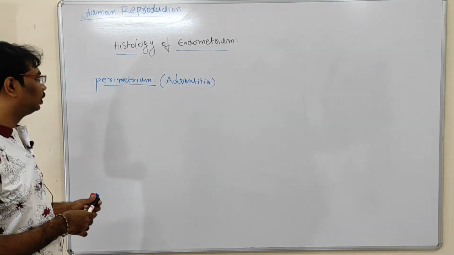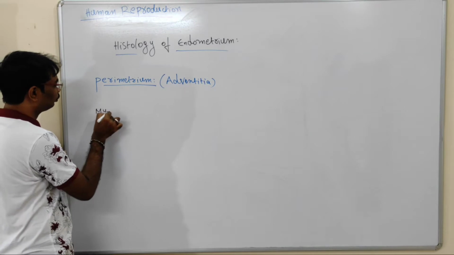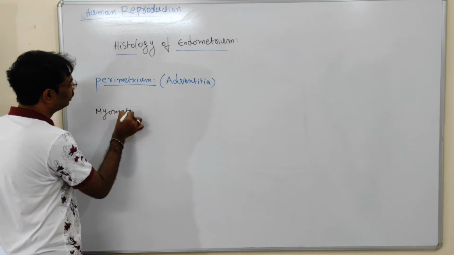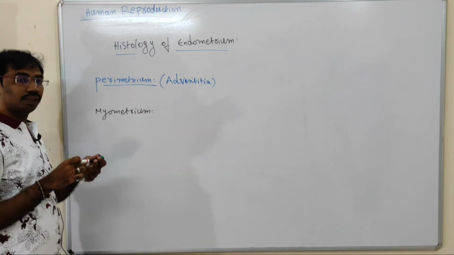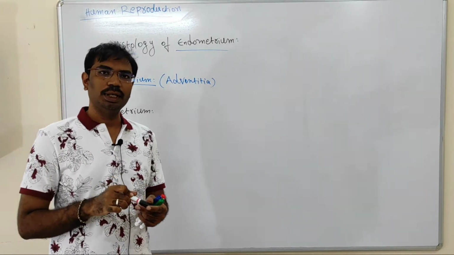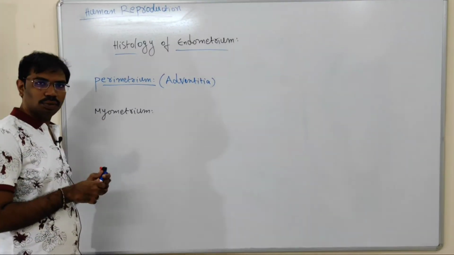The second layer is the myometrium. This is the middle layer in the uterus. The uterus has contractions during baby delivery, and those contractions are because of the myometrium.